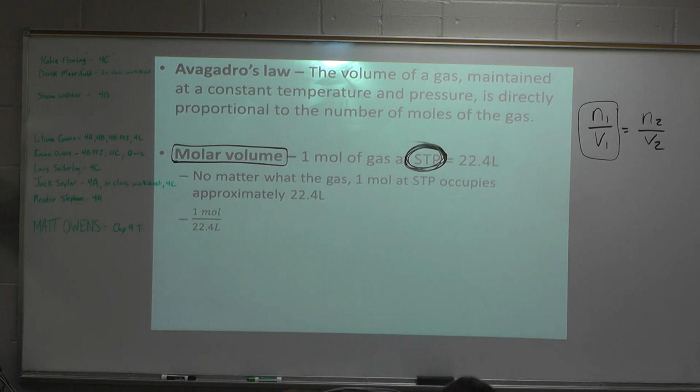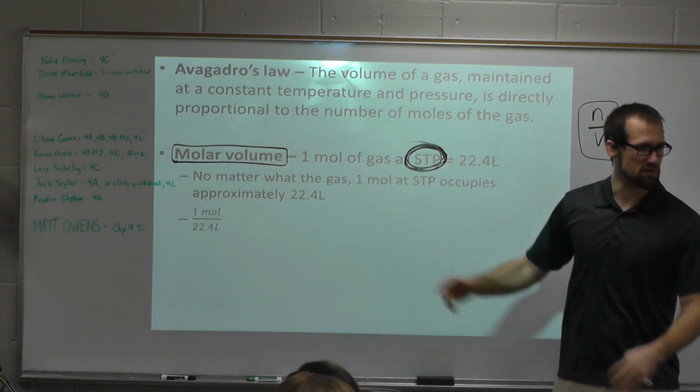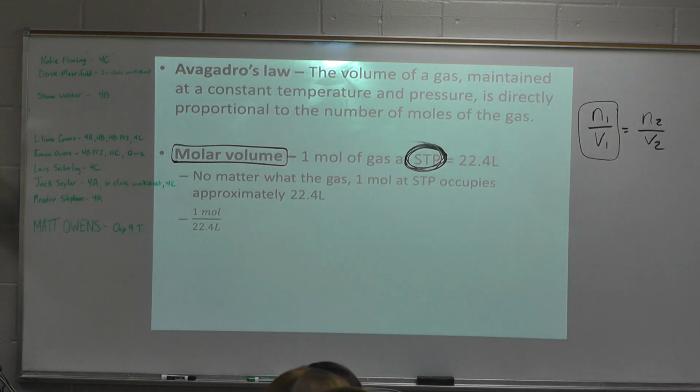What they're saying with this is that any mole of gas, nitrogen gas, oxygen gas, chlorine gas, fluorine gas, any kind of gas, if you have a mole of particles, they all occupy the same volume. So if I have a mole of H2 gas, how much volume will it occupy? 22.4 liters. If I have a mole of carbon dioxide gas, how much volume will it occupy? 22.4.